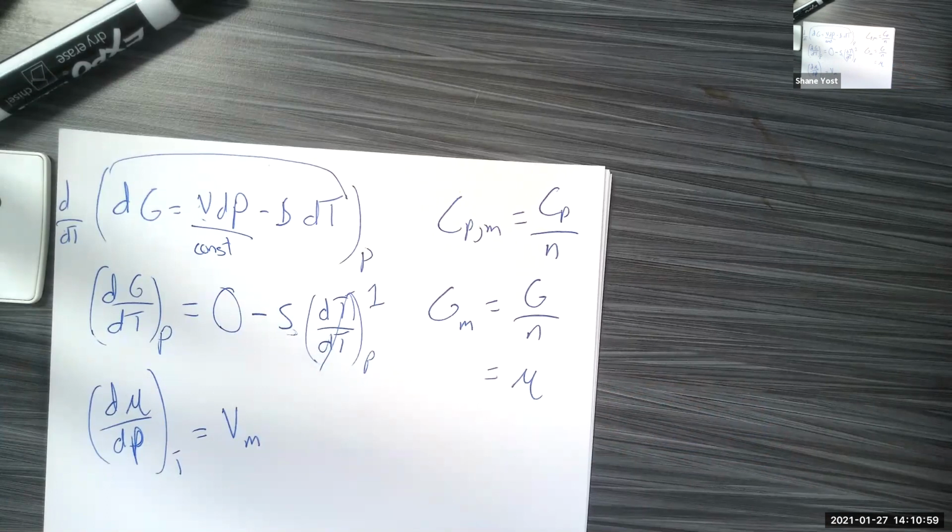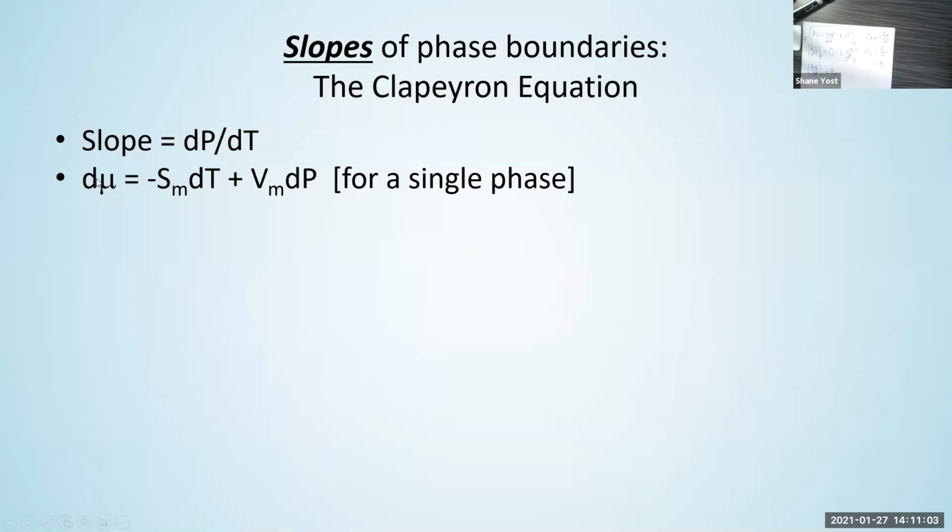And so using that, we can say some change in chemical potential is related to some change in temperature times the molar entropy, and some change in pressure times the molar volume.